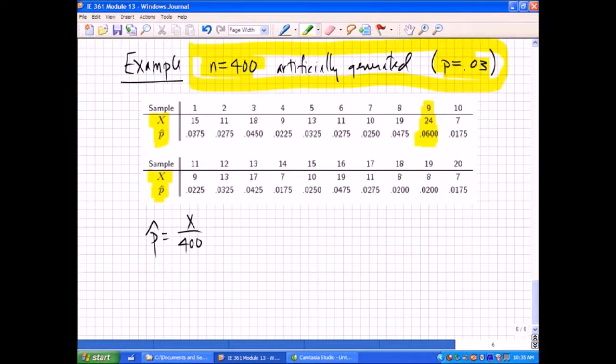I wish to apply that to these p hats as they roll in. What about control limits?